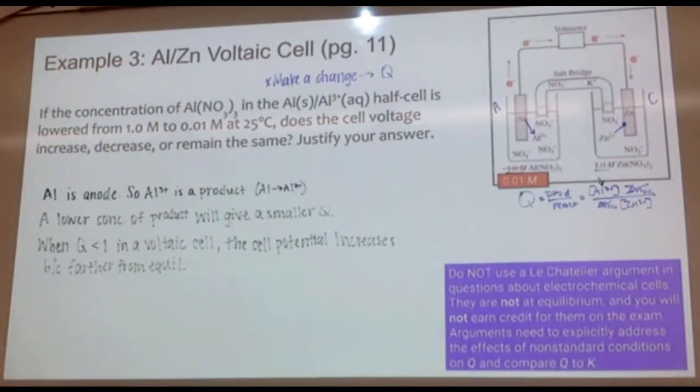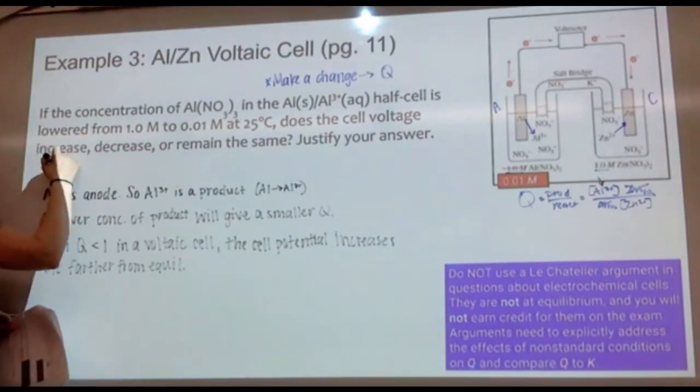So when Q is less than 1 in a voltaic cell, the cell potential increases because it's farther from equilibrium. It's farther from equilibrium because K is greater than 1 at equilibrium, because products are favored. This is a spontaneous reaction.